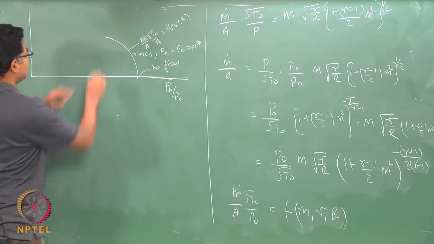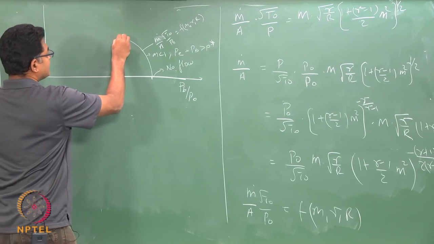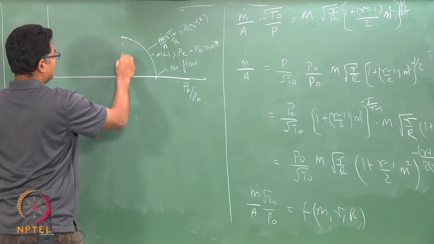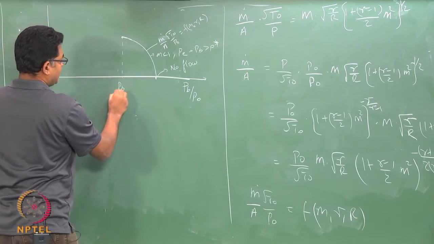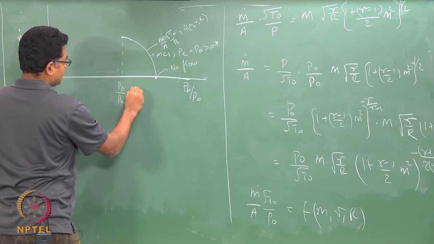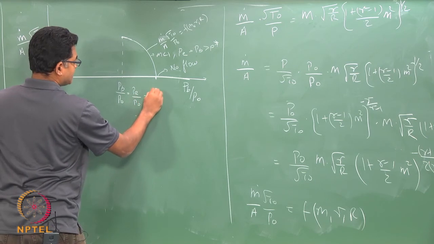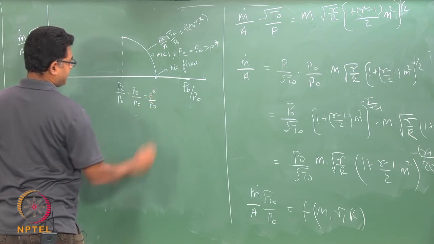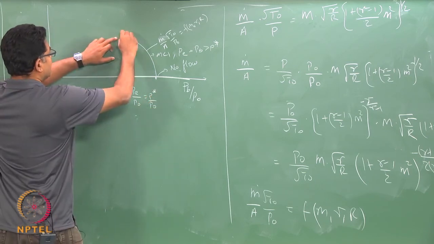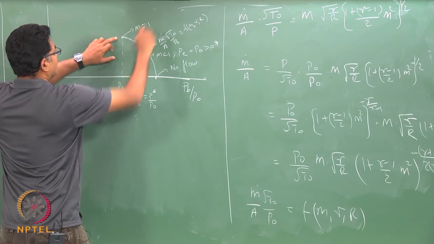But once your PB reaches P star, so your PB by P0 equals P exit by P0 equals P star by P0, you would get M equals 1.